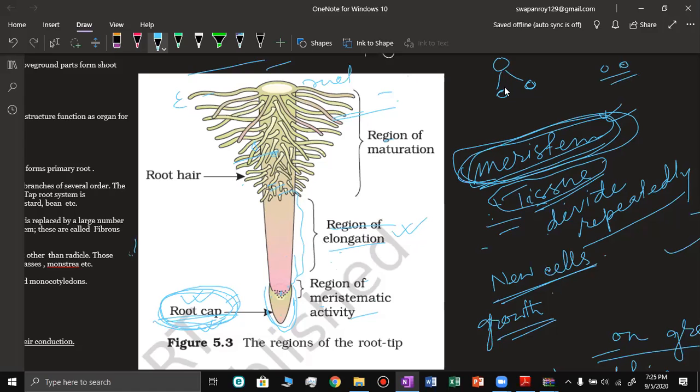So in this region, these newly formed cells grow very fast. They start to enlarge in size. They elongate also, mainly elongation.